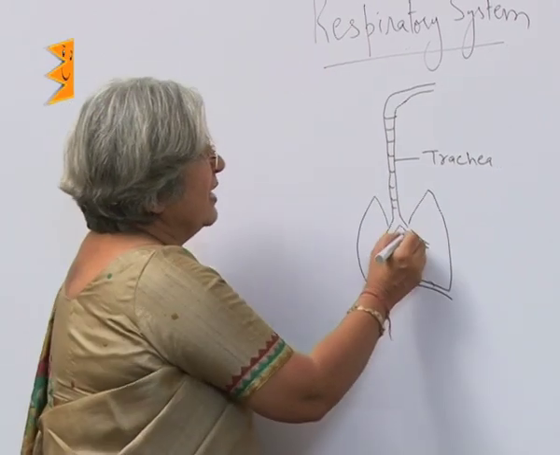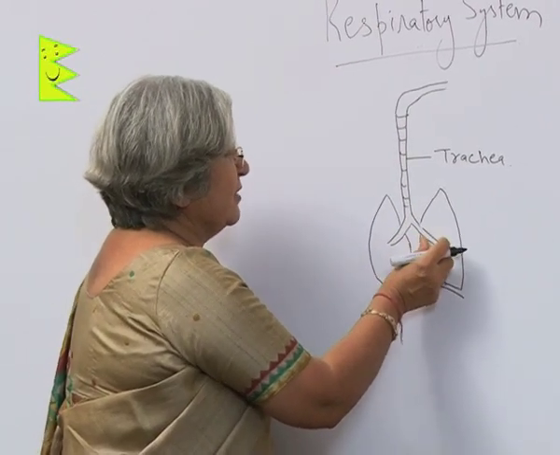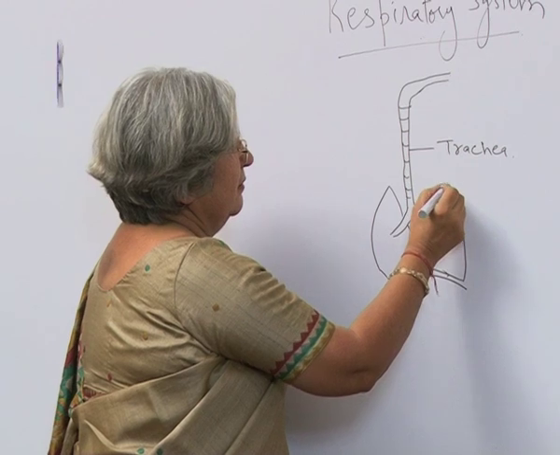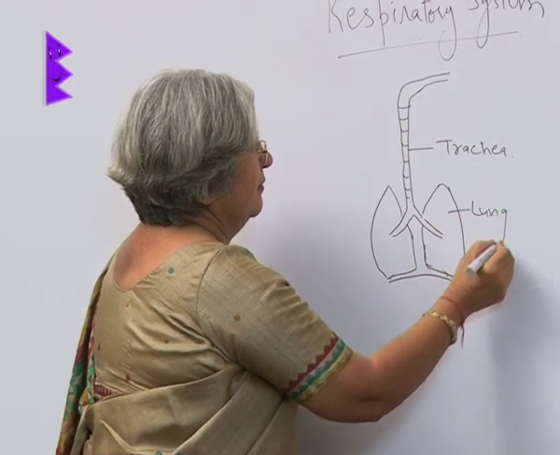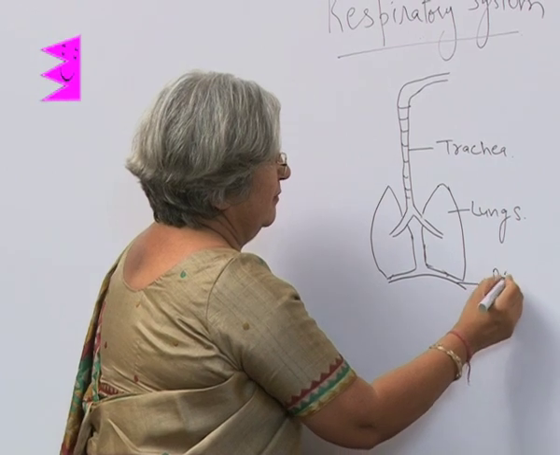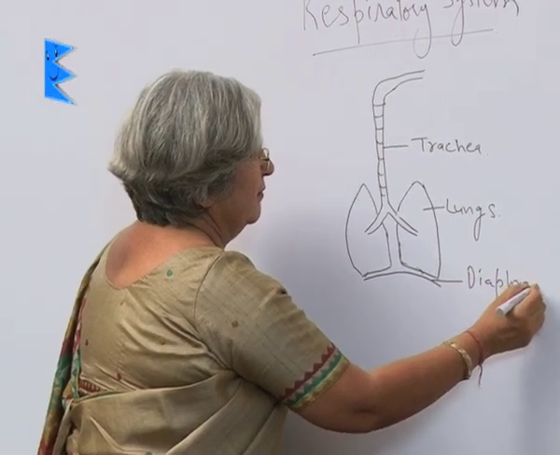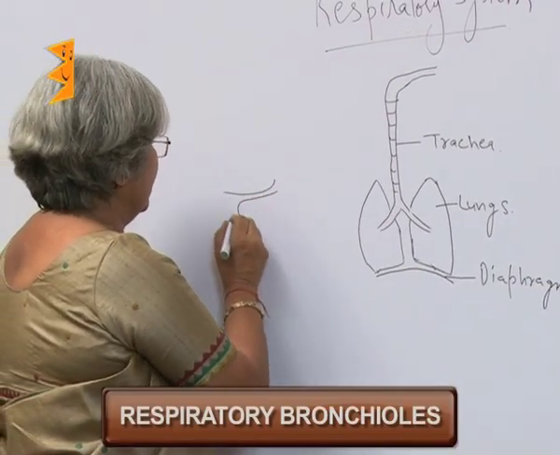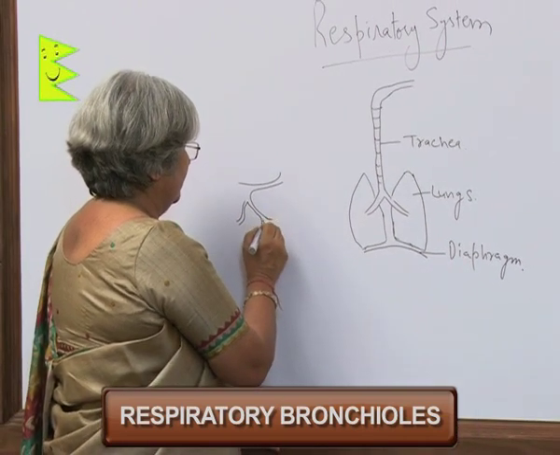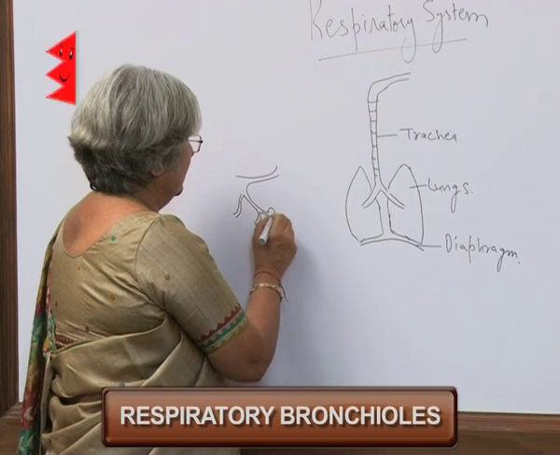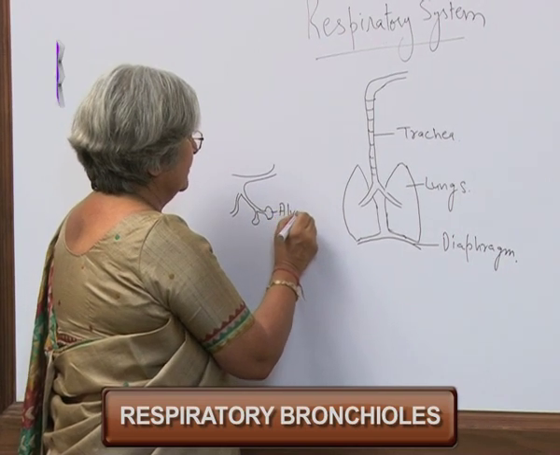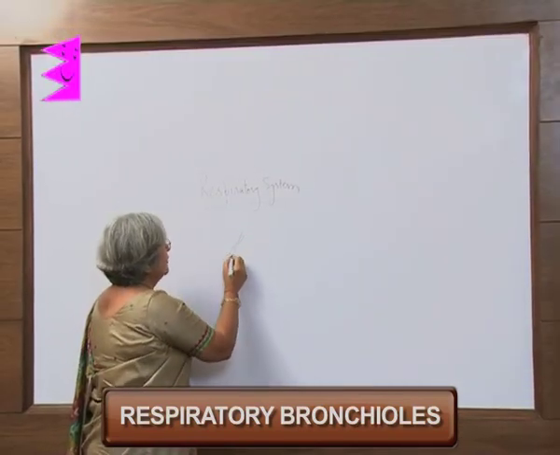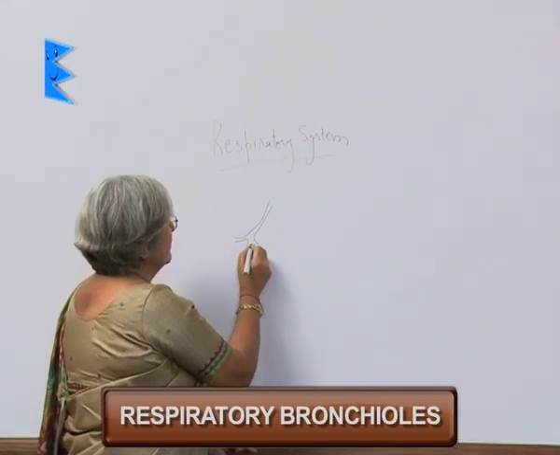See, the shape of the lungs is such that it seems it is resting on the diaphragm. Now, if we see the bronchial tubes, they divide and redivide like this and finally end up in alveolus.